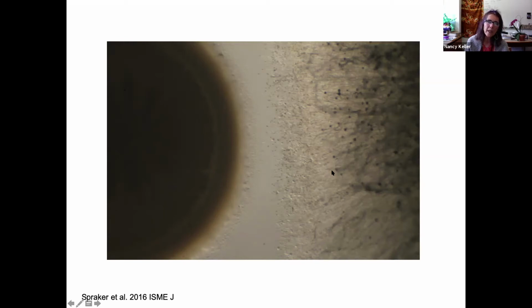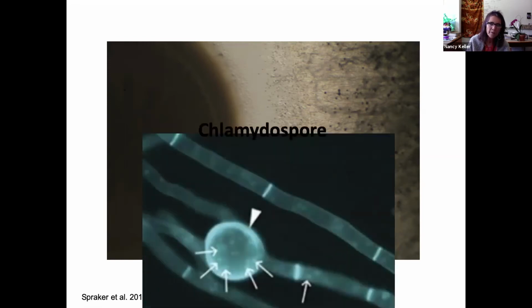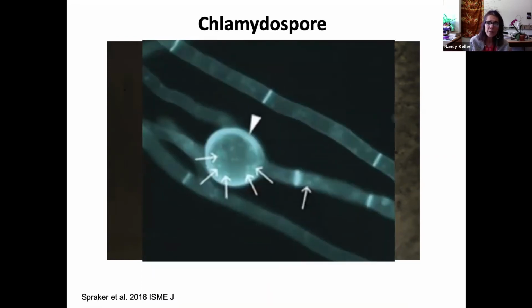And if you look at this particular plate where they're very close to each other, you can see that there are these bumps all over the mycelium of the fungus. These bumps were so big that you can see them with the dissecting scope, and maybe even without the dissecting scope if you squint. What we found is that the fungus was producing chlamydospores when it grew near the bacterium.